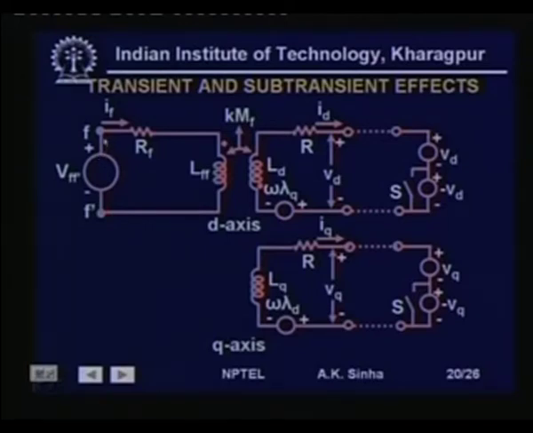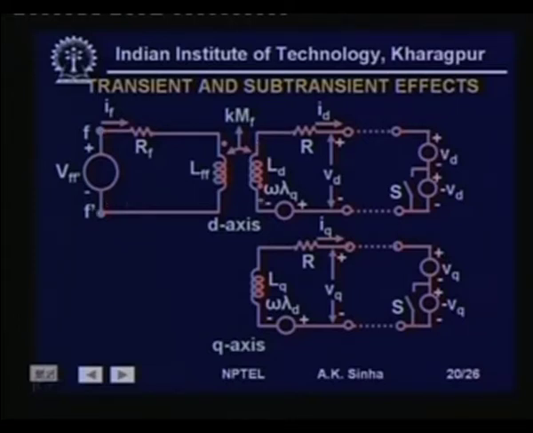In the DQ0 frame of reference, the circuit model of the synchronous machine can be shown as shown here. Now, we have a field winding with inductance LFF and a resistance RF, in which the current IF flows due to the application of a DC voltage source VFF.